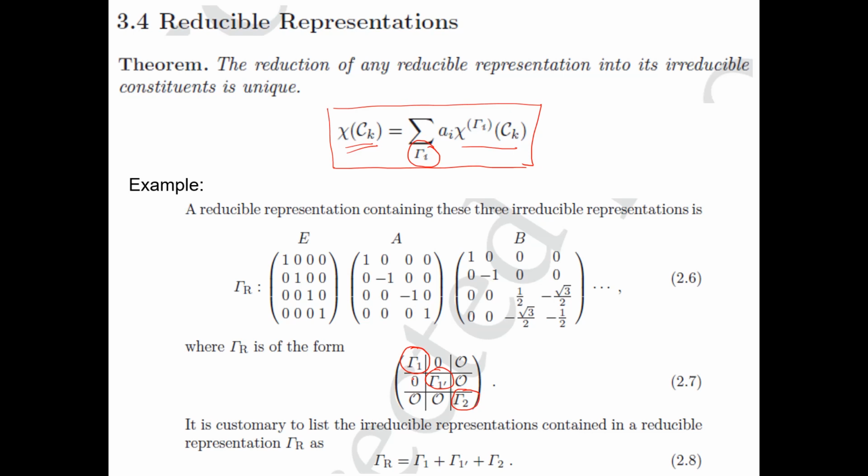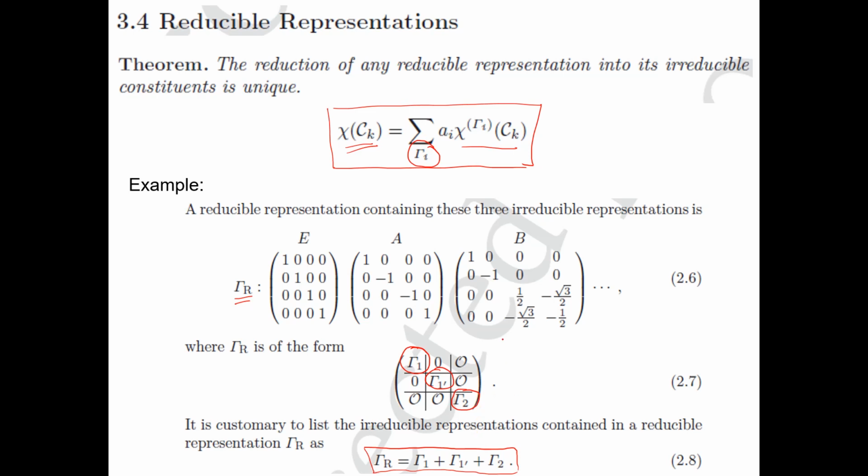And I could arbitrarily construct a reducible representation that I call gamma R simply by making blocks. For each matrix, I could make blocks of the three irreducible representations in this way. And there's a notation to represent this: the reducible representation as a sum of three irreducible representations.